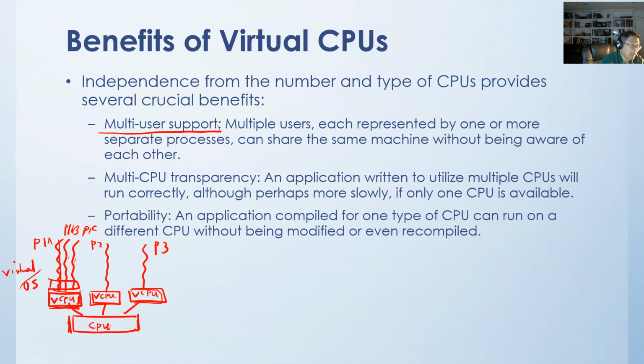So these are the benefits of virtual CPUs. It gives people flexibility. You can run multiple applications on a single computer with only one CPU, and you can also make the application portable from one CPU to another, even though these are two different types of CPU. So these are the benefits of the virtual CPU.